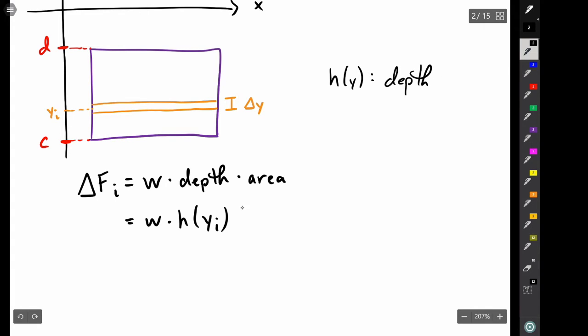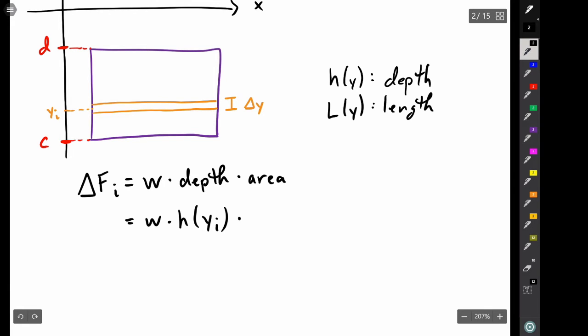And then here, we need something for the area. Well, area is length times width for a rectangle. Assuming overall the width of this sheet will change as we go up or down, I'm going to let L of y stand for the length.